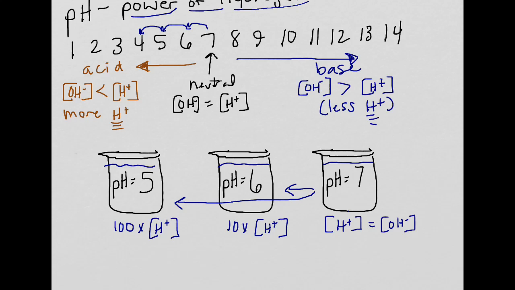You've increased the hydrogen ions by 100 times. Pretty significant. And if you go down to 4, it'd be 100 times 10, which is 1,000. And you keep going on the powers of 10. Big jumps in the concentration of hydrogen ions between the whole numbers.